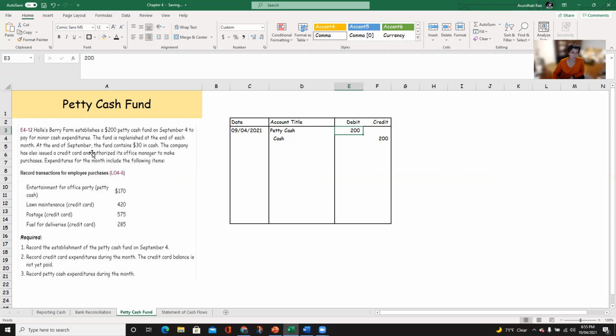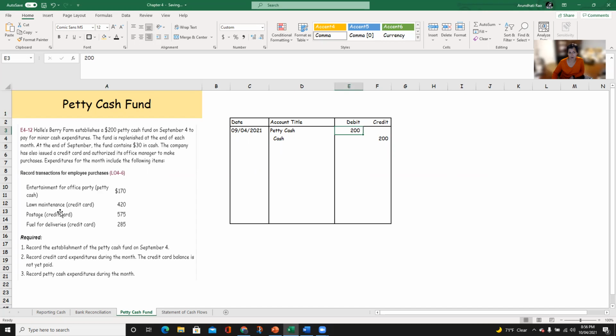At the end of September, the fund contains $30 in cash, which means we've spent $170. The company also issued a credit card and authorized its office manager to make purchases. Expenditures for the month include the following. Entertainment for an office party, $170, is specified as taken from the petty cash fund.